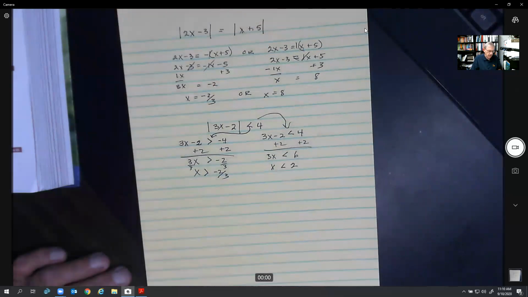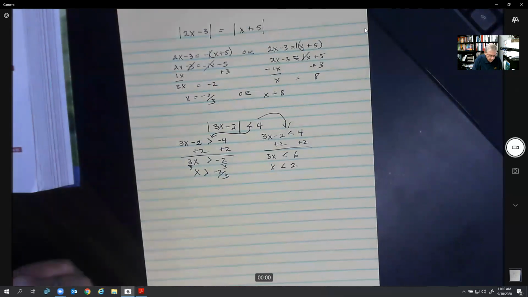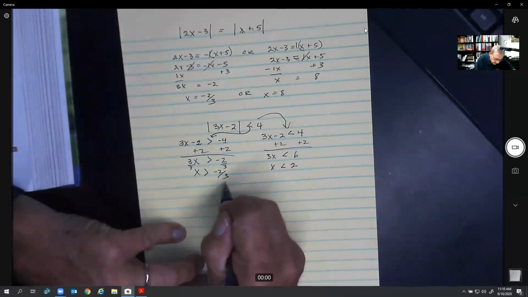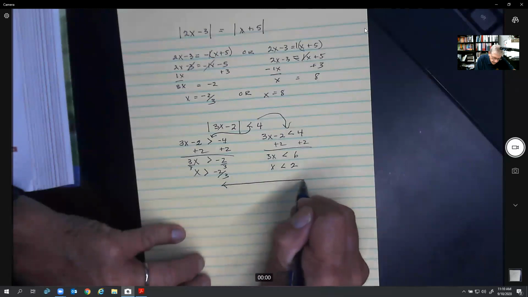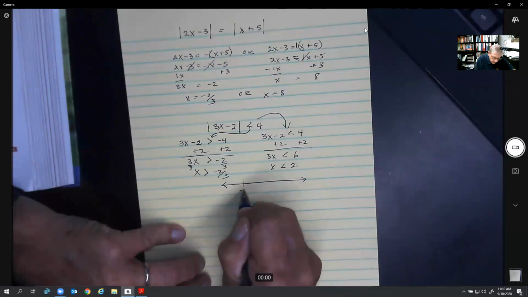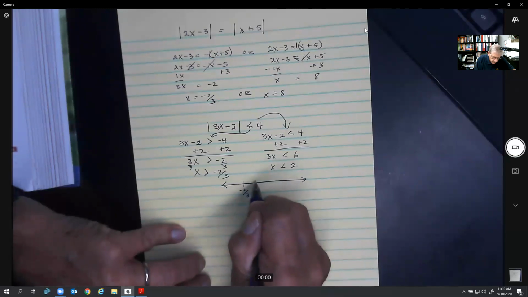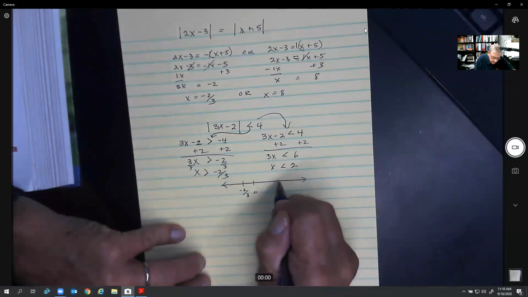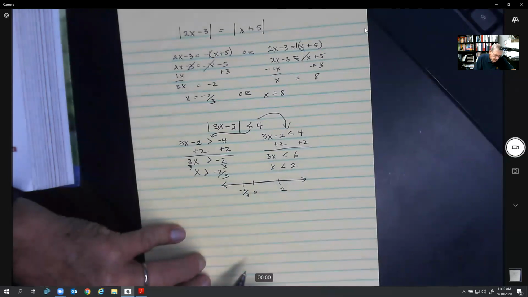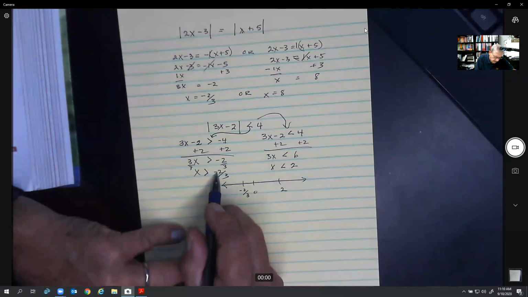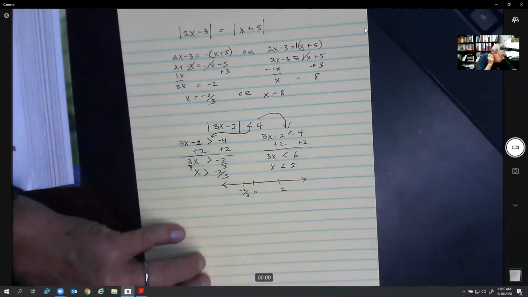No switcheroonie. Okay, if we were to graph this, well, on a number line, let's take a look and see what happens. Here's negative 2/3. Here's 0. Here's 2. So on this one, I'm saying it's greater than negative 2/3.